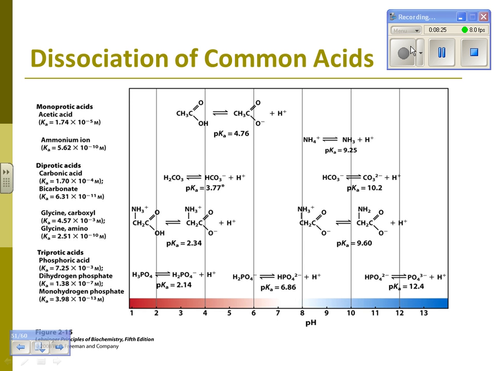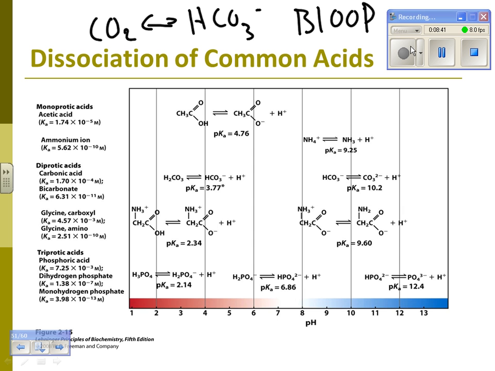On this slide here, CO2 or HCO3 bicarbonate, those are going to be blood buffers. And the pKa is about 6.4, and the blood pH is 7.4, so it's 1 point away, so it's still a good buffer.